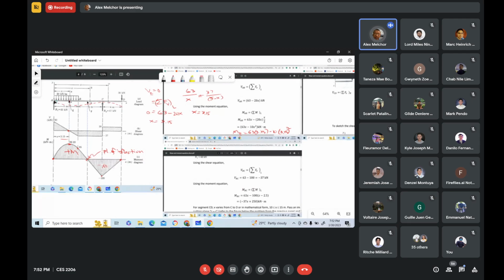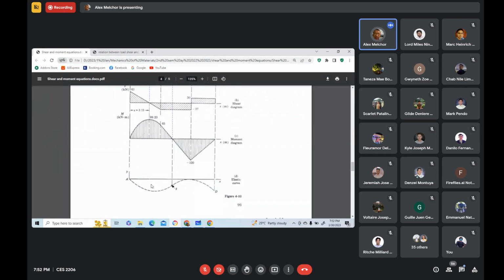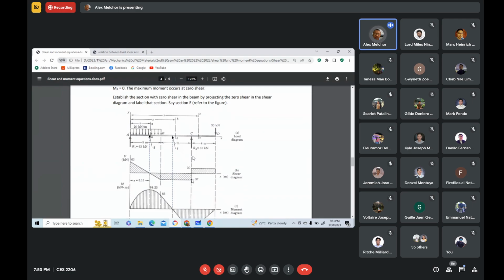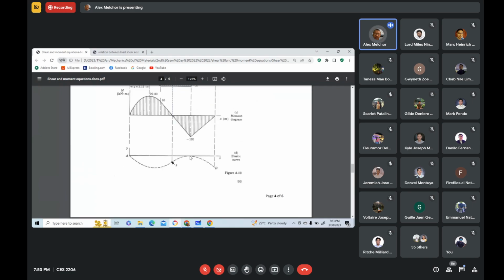So this is what we call the elastic curve. If you look at this figure here, you can see this. This is called the elastic curve. Right here at this point, since there is a support, there is no deflection at point C. Okay, in here, no deflection.